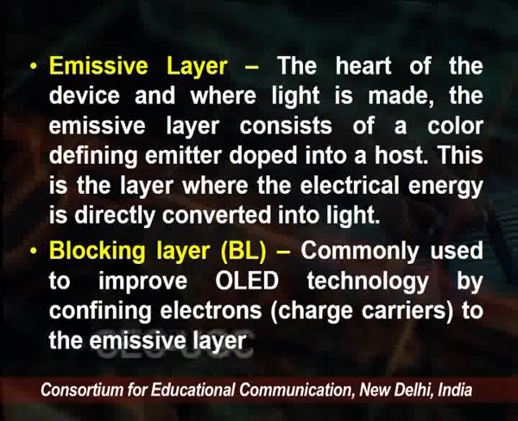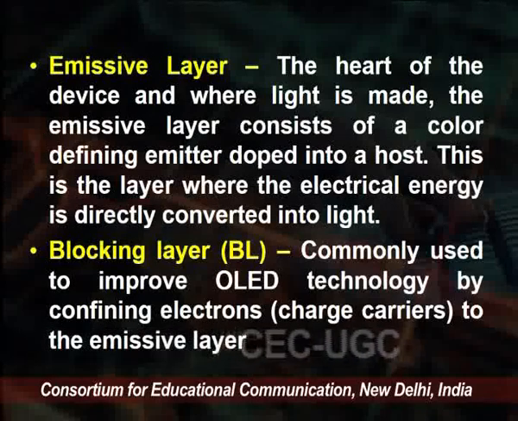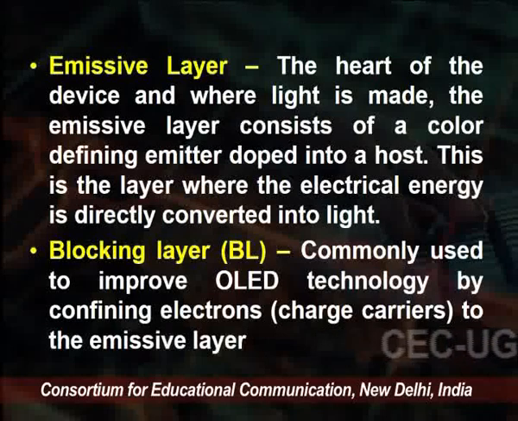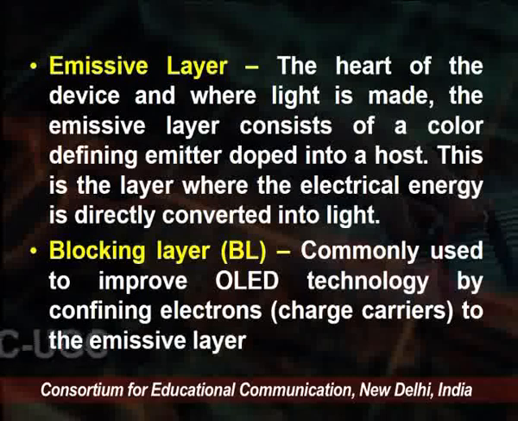Another important layer is the blocking layer. Basically, this is used to improve the OLED technology by confining electron charge carriers to the emissive layer, and it can block the extra charge carriers.